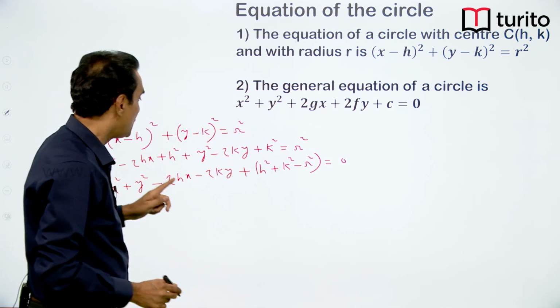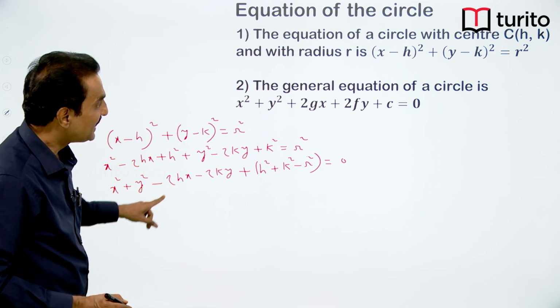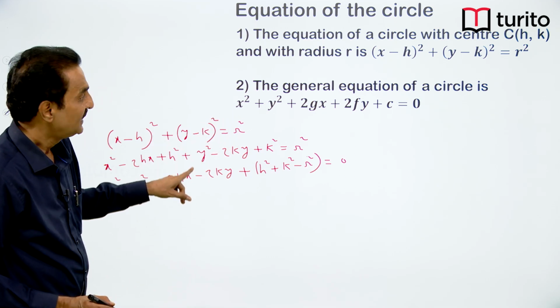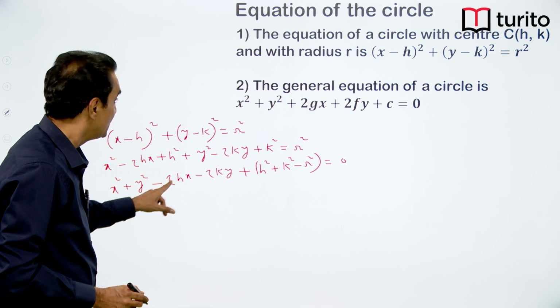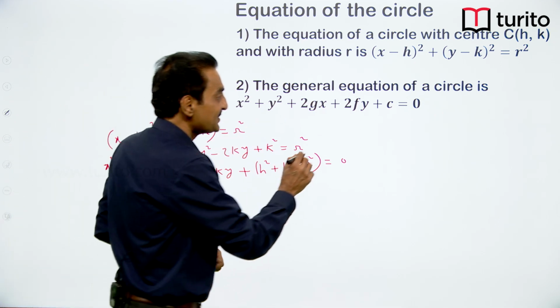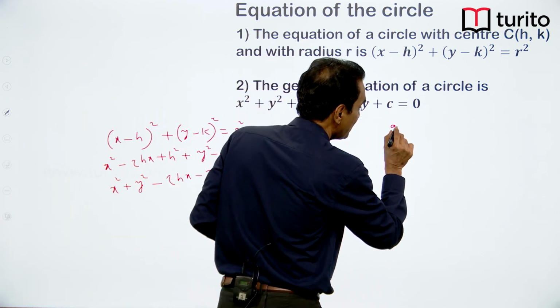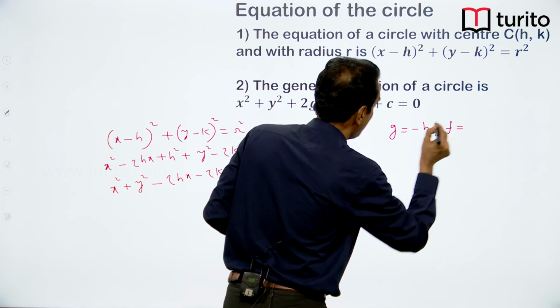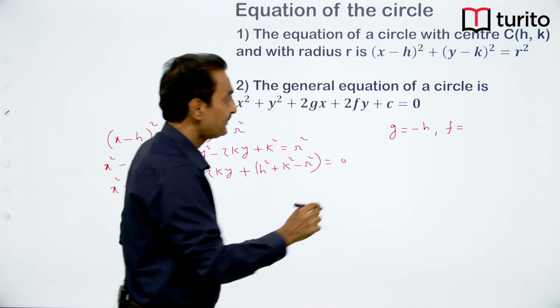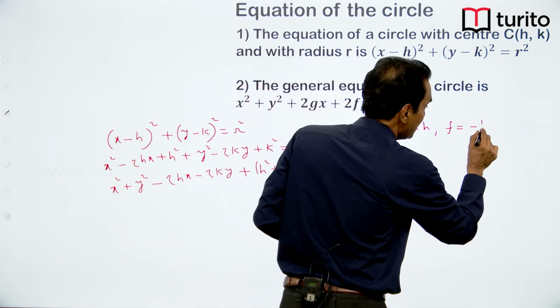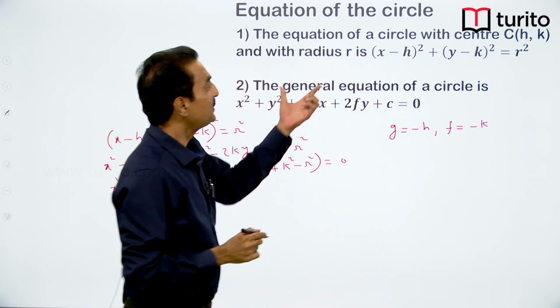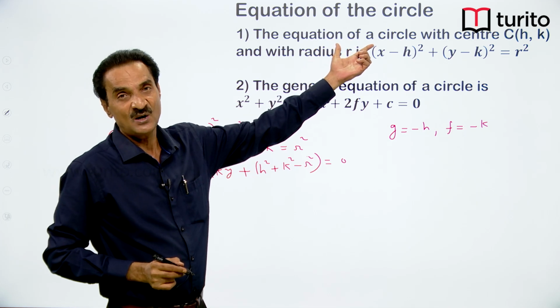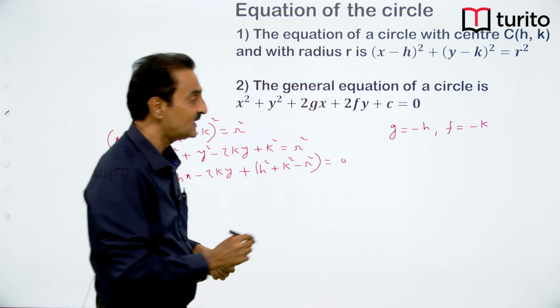Now, if you compare this and this, you can get g is equal to minus h and f is equal to minus k. Now, we know that the center of the circle is (h, k). So, what is the center of the circle?